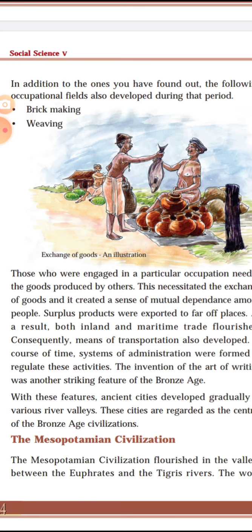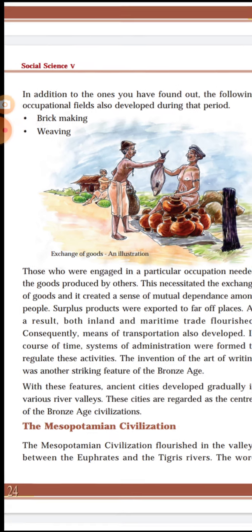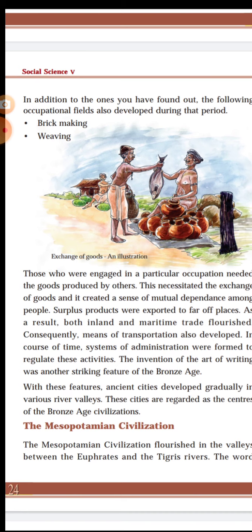These developments of cities and towns were known as civilizations. And these civilizations evolved on the banks of certain rivers. Okay, got it? Yes. And in the next class, we will study about these civilizations one by one. What are the civilizations evolved in the rivers? That we will study in the next class. Okay?